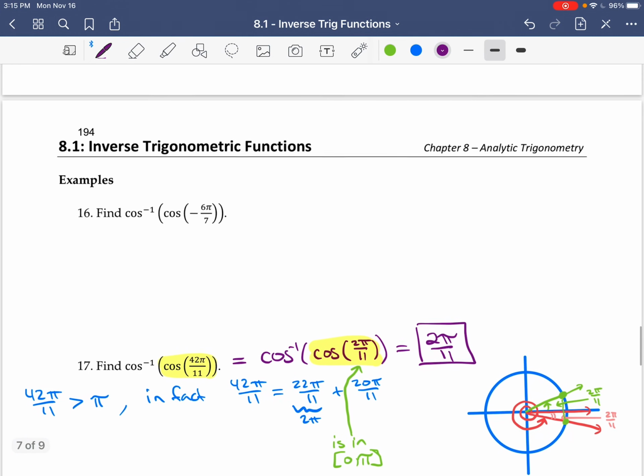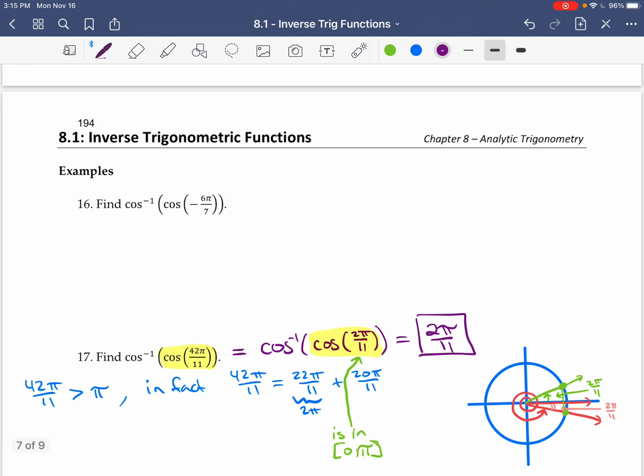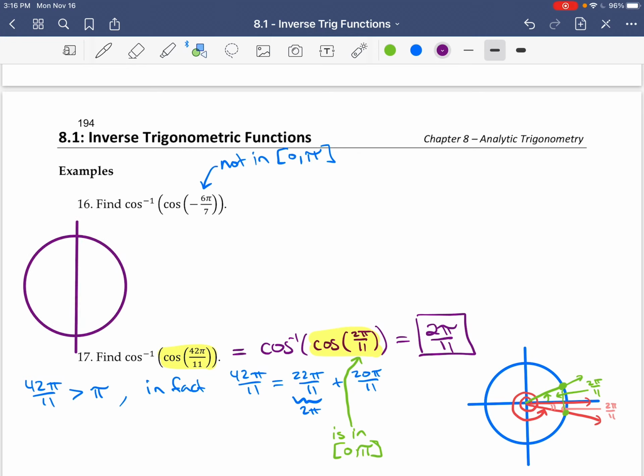Okay, so here we have another one where now we're not in the right interval. It's negative, so it's not in the domain, so not in the interval 0 to pi. So what we want to do is find the angle that has the same cosine value. Again, I like to use the picture, so I'm going to draw it.